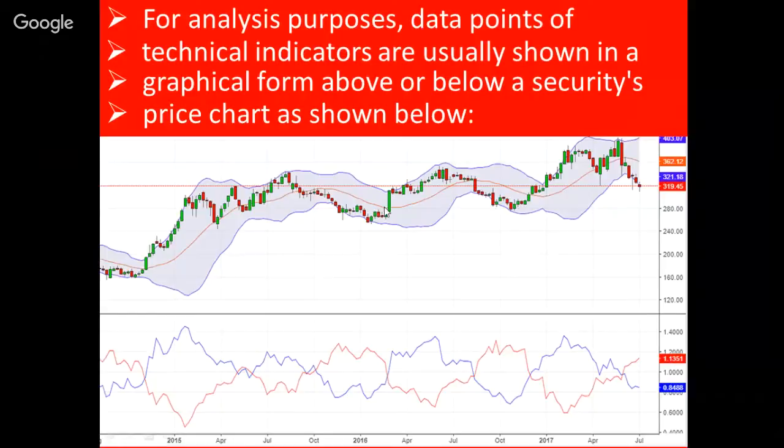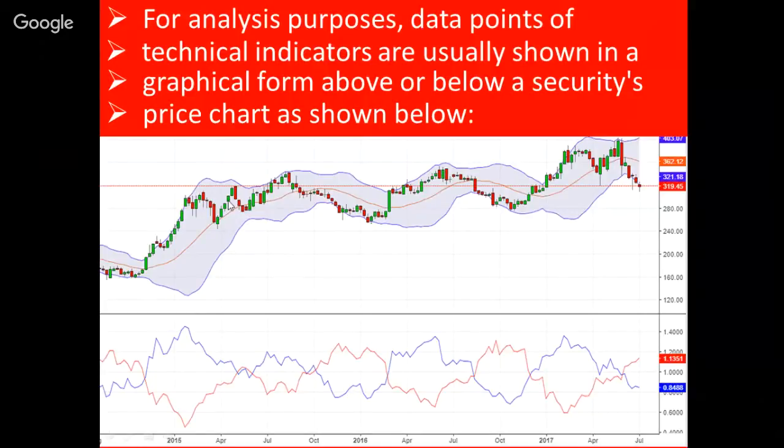We are in candlestick mode, and in this picture you can see two indicators. One on the price chart is called Bollinger Bands.